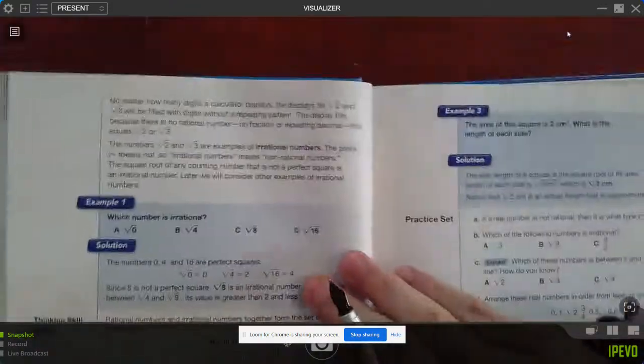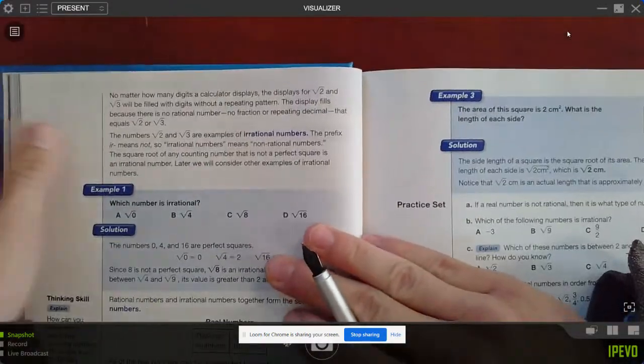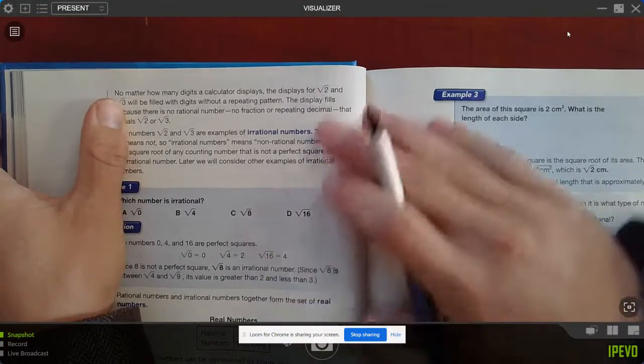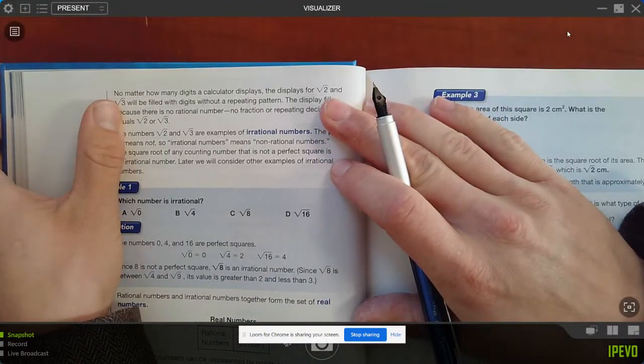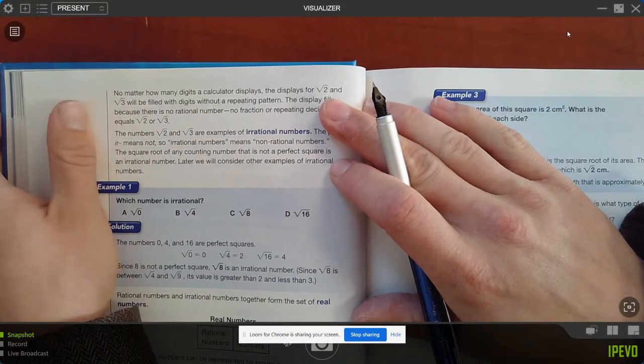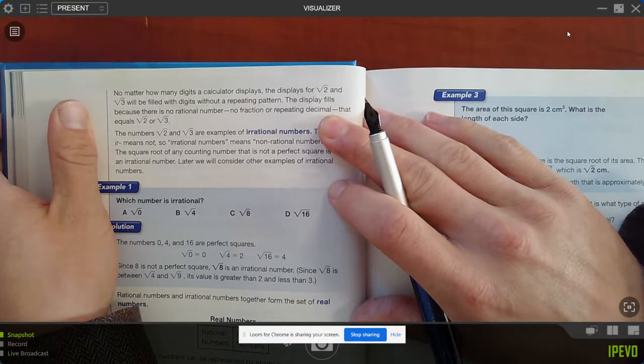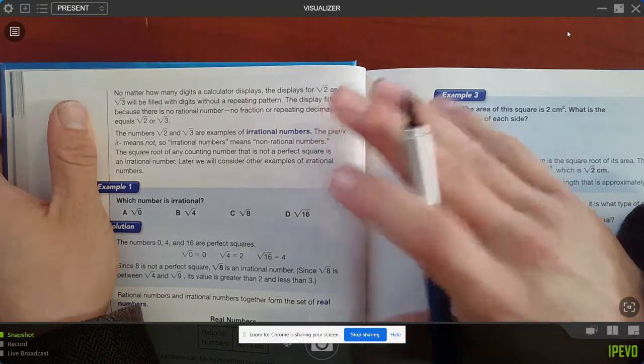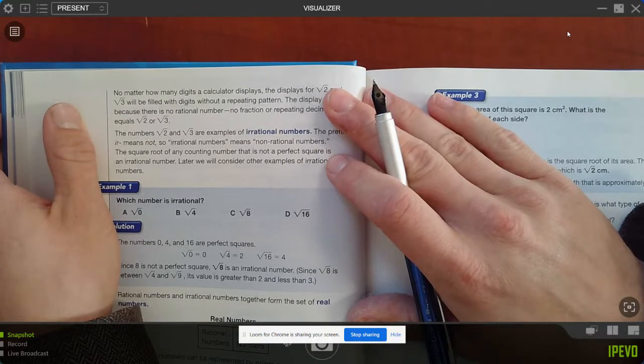Well, the thing is that it will be a repeating pattern. It'll go on forever. There is no rational number that just has it. It's not like 1.26.